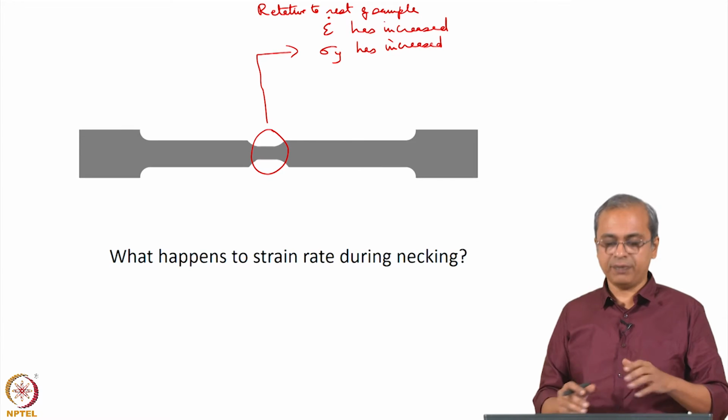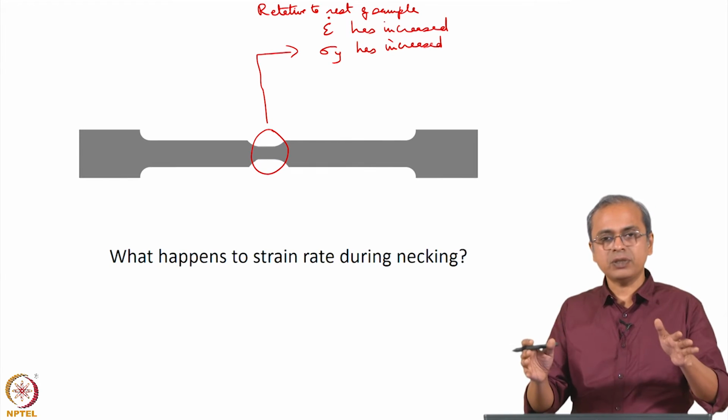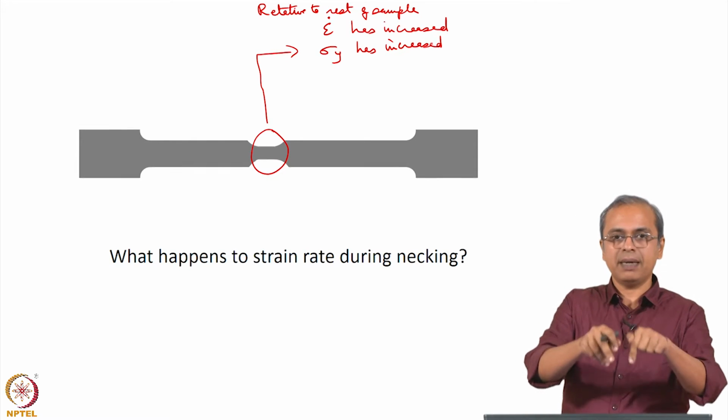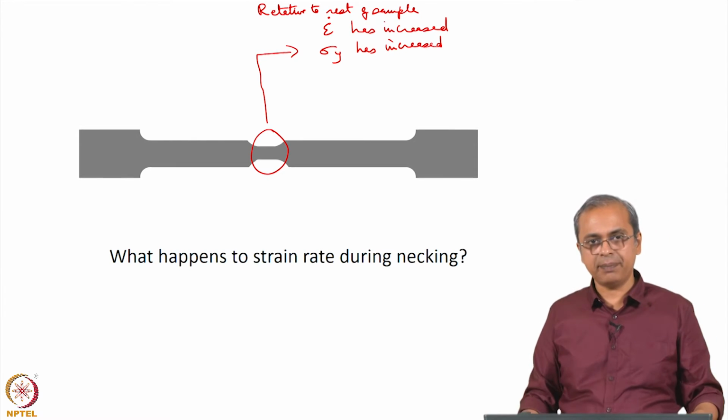That is the question we have to ask. We have already formed the neck. Generally in most samples, once you have formed the neck, as you try to deform more, the deformation happens at that necking region, and therefore the sample fails.